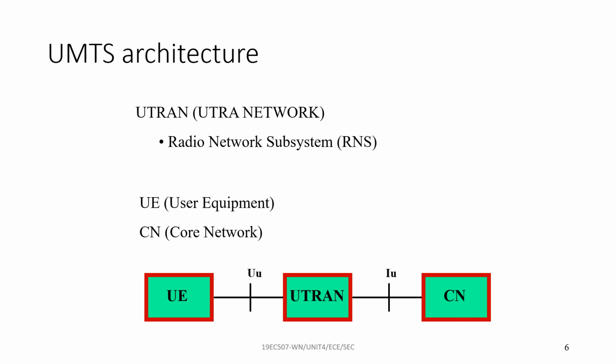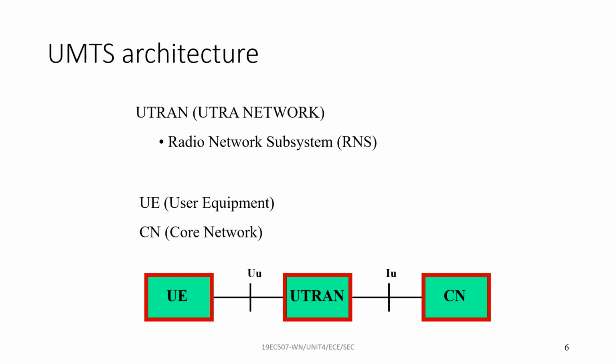This is deployed with the help of a radio network subsystem, RNS. Whenever we start describing the architecture of UMTS, it uses the same core network as that of our GPRS network.